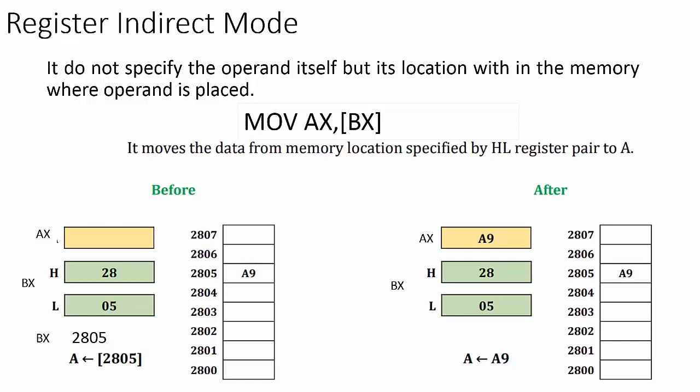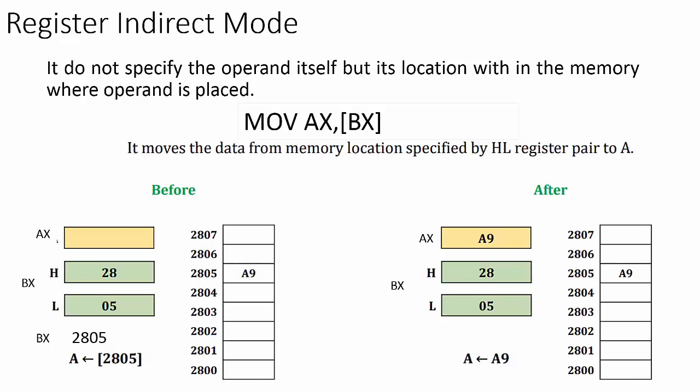A9 is actually our operand. It means that the instruction move AX comma [BX] will move the value A9, which is present at the 2805 address, to AX. That means the A9 contents or operand will be moved to the accumulator register.